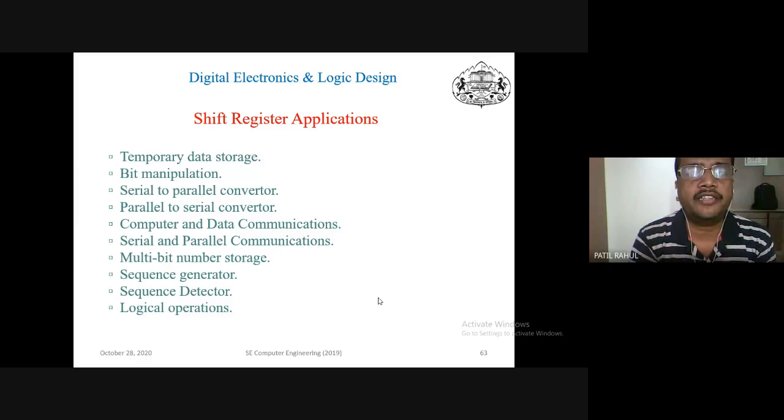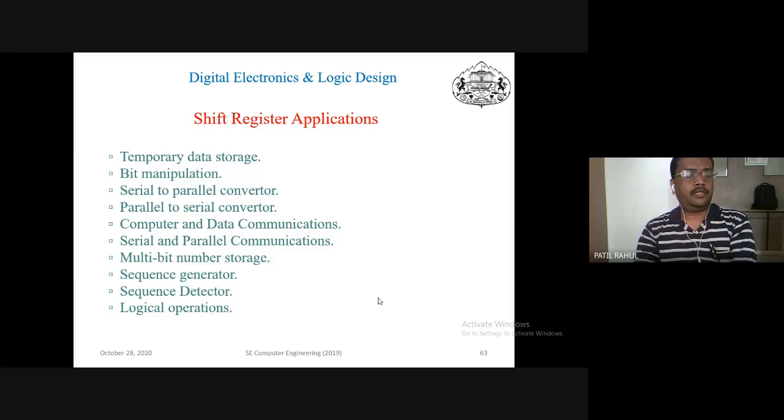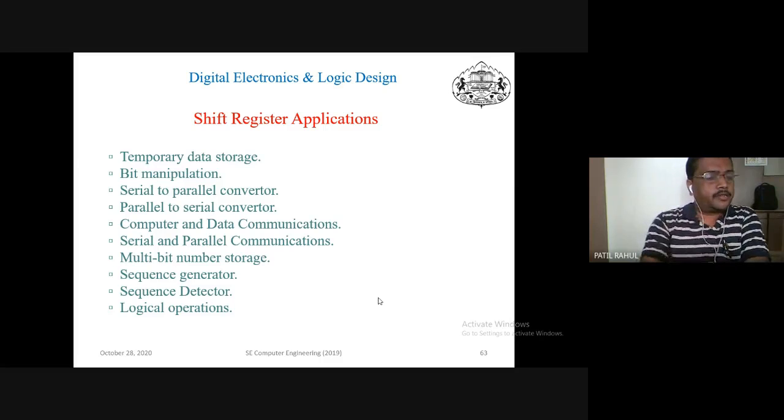All of you understand these applications of the shift registers? Please post the message. I'm not getting any response from your side. Good.